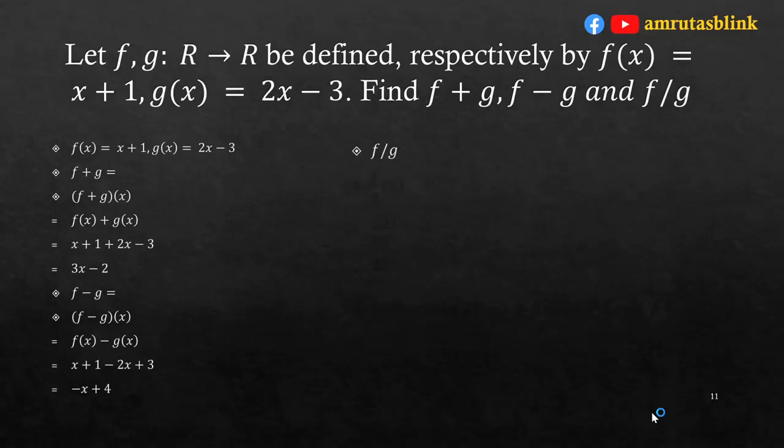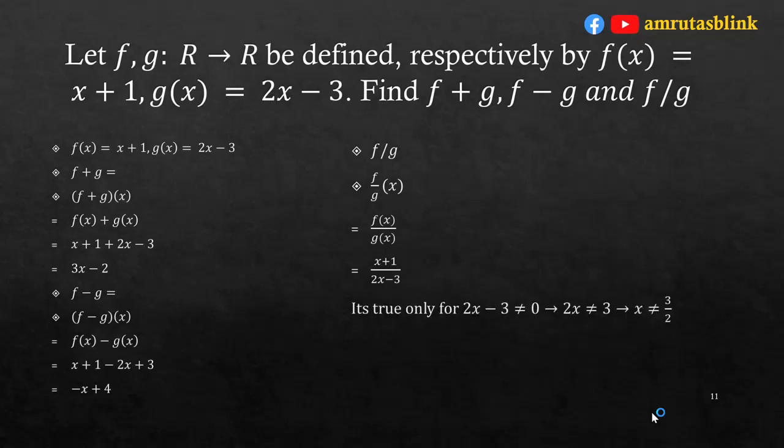And (f upon g) of x is equal to f of x upon g of x, that is x plus 1 upon 2x minus 3. Now, this function can be defined only for 2x minus 3 not equal to 0, that is 2x is not equal to 3, that is x is not equal to 3 by 2.